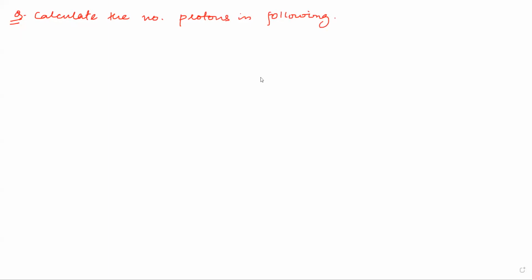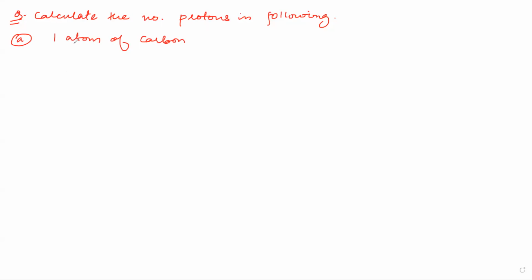Okay. So I will start with the very basic ones. I will calculate the number of protons in the following. If I ask you, in one atom of carbon, who can tell me the number of protons? No one? How many protons are there in one atom of carbon?